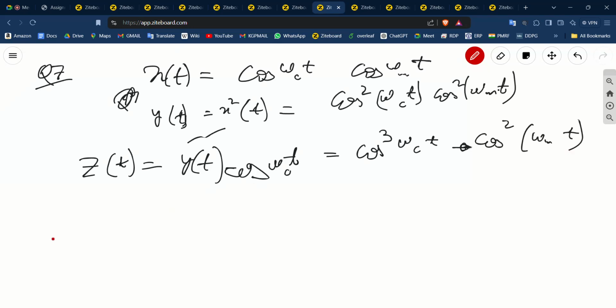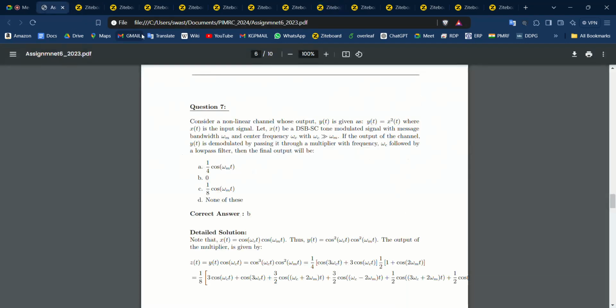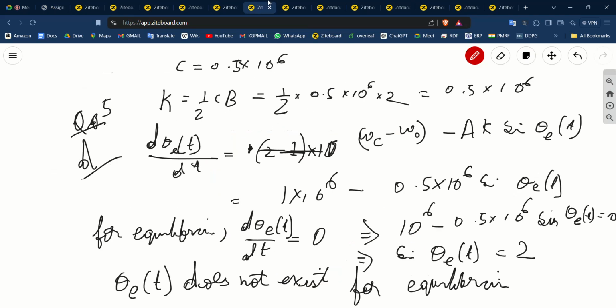Now this is passed through an LPF to get the final output. What will that be? So now we need to expand cos cubed and cos squared using trigonometric formulas.